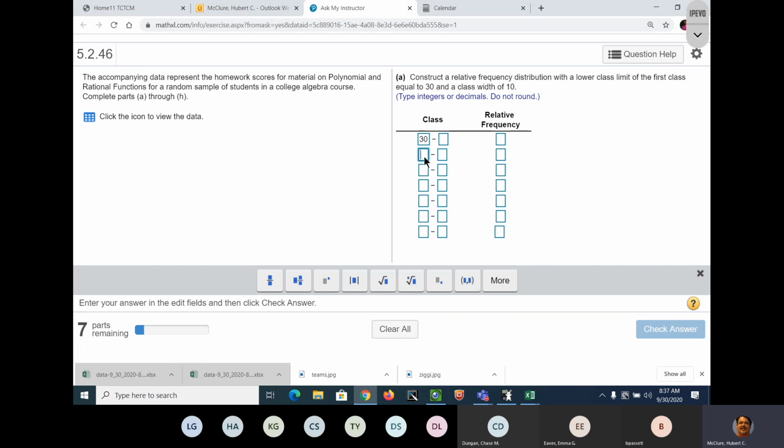So this one's going to be 40, this one 50, 60, 70, 80, and this one's going to be 90. And then this is going to be 39, 49, 59, 69, 79, 89, and 99.